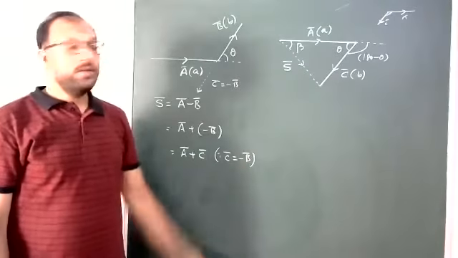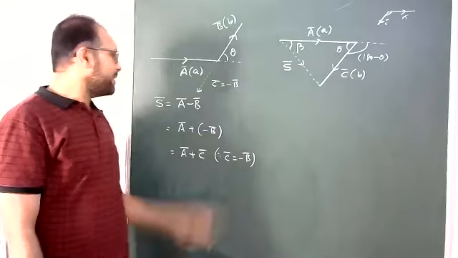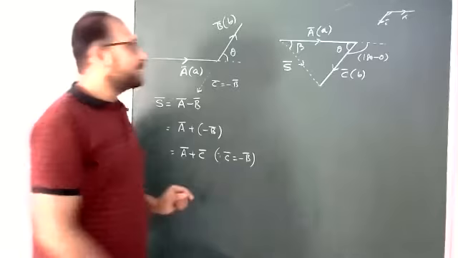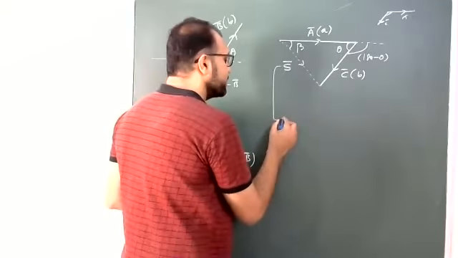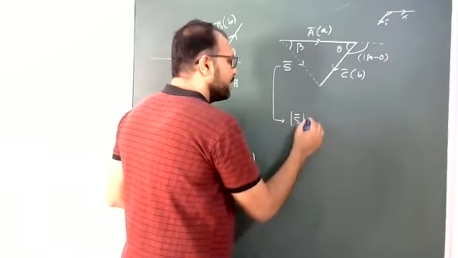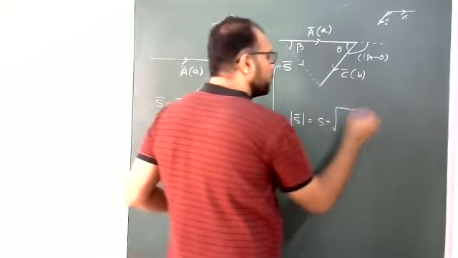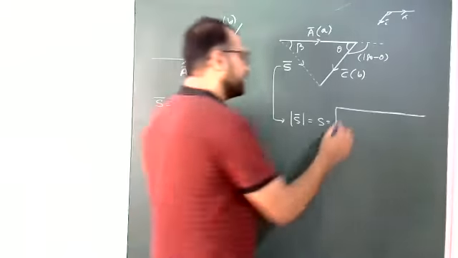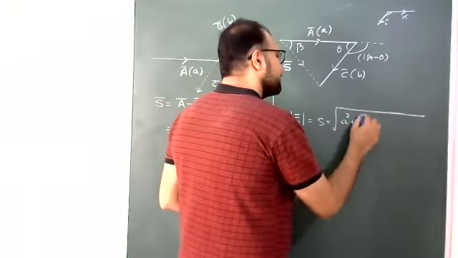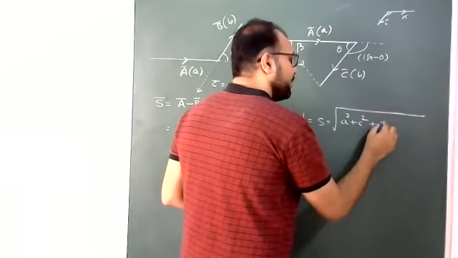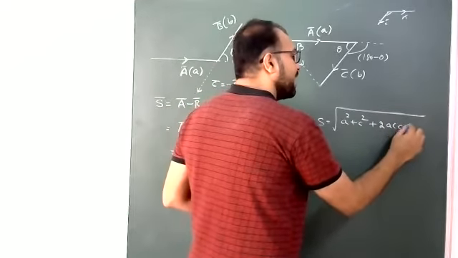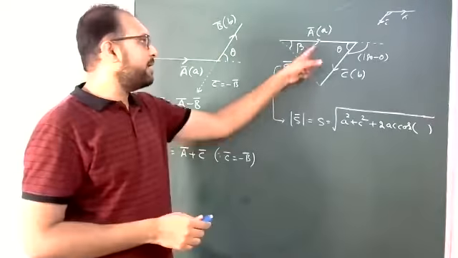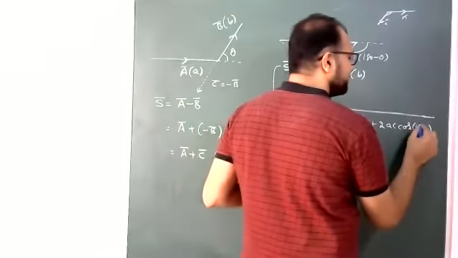Now this is S bar. The vector addition of A bar and C bar is nothing but the subtraction of B bar from A bar. So this magnitude we need, students. Modulus of S bar, S equals root over A square plus C square plus 2AC cos of the angle between A bar and C bar, 180 minus theta.